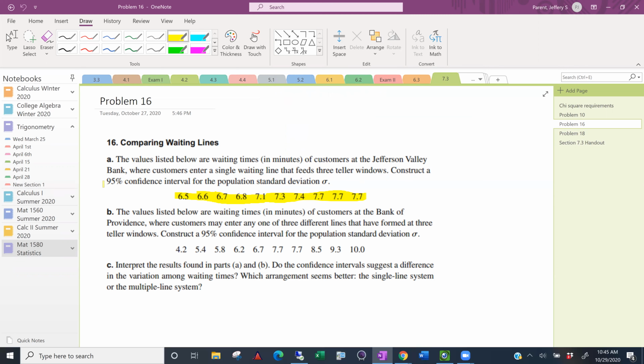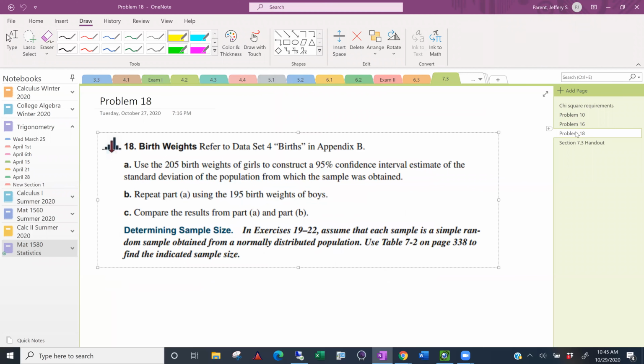Listed below are waiting times of customers at Jefferson Valley Bank. Construct a 95% confidence interval for the population standard deviation, sigma. Now, I'm not going to do all of this. Let me take a look at problem number 18.